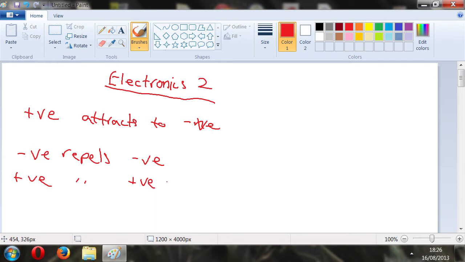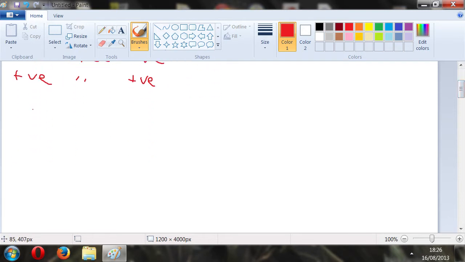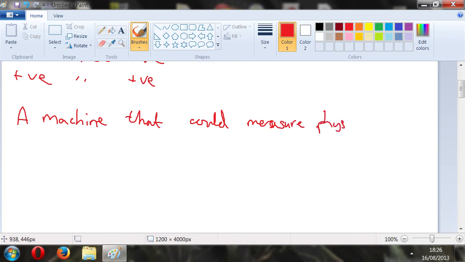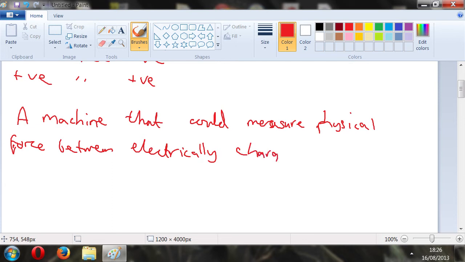So the next thing we need to think about is that sometime later, a machine that could measure physical force between electrically charged particles was invented.